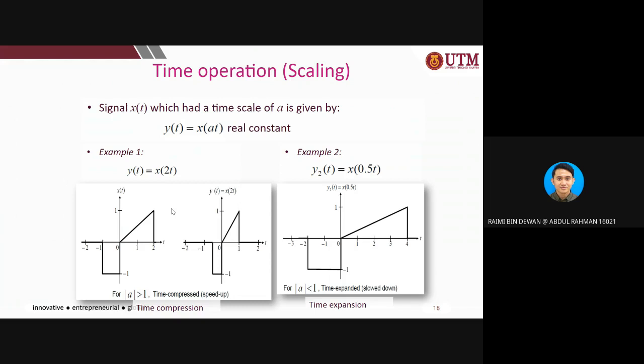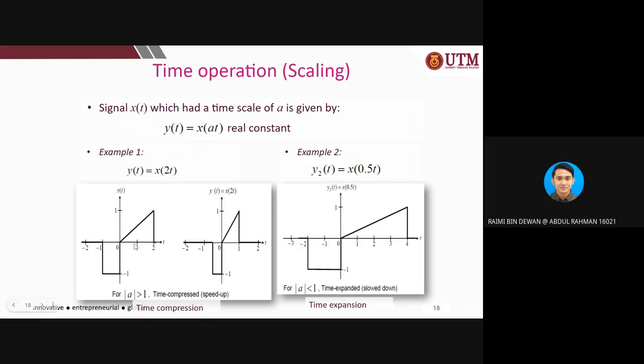Compressed means the signal will experience a speed up; it will be faster. In the original signal, here is t equals 1 second and here is t equals 2 seconds. So with x(2t), it is sped up by twice.